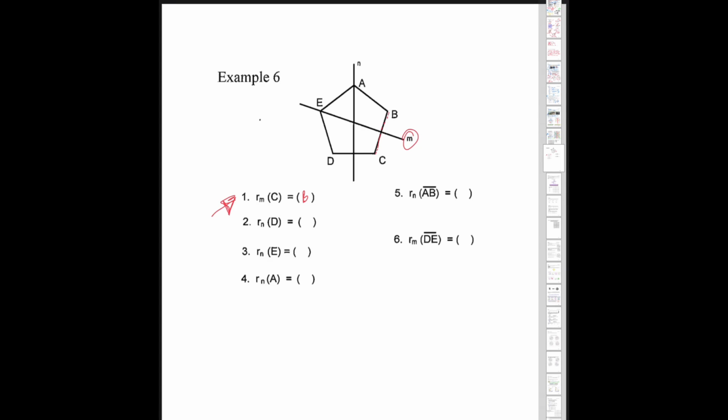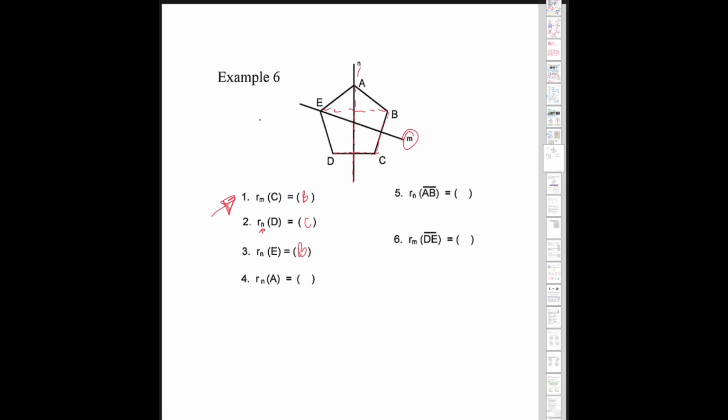Now we're reflecting D across line N. That's this line here. So D would go to point C. Now we're reflecting E across line N. So that means if we folded this over line N, we would get point B.